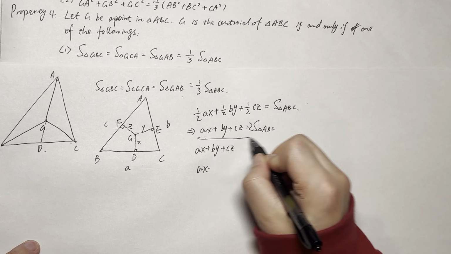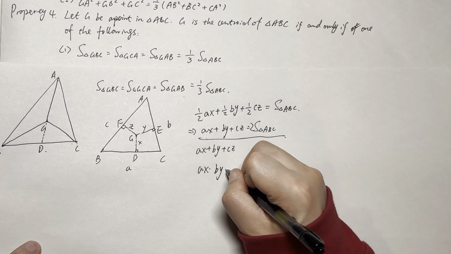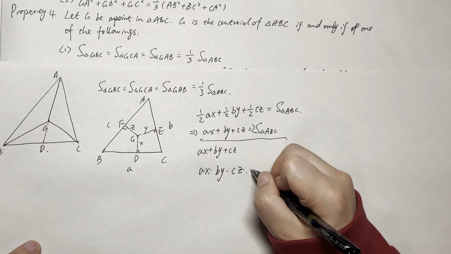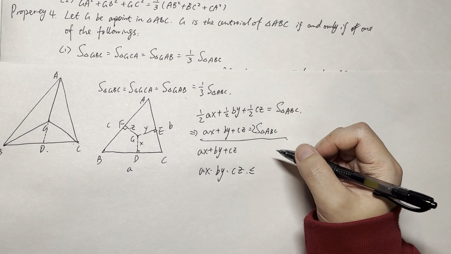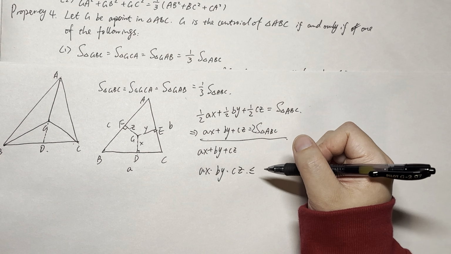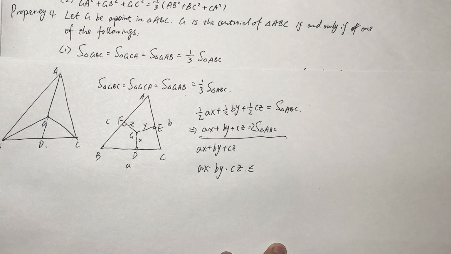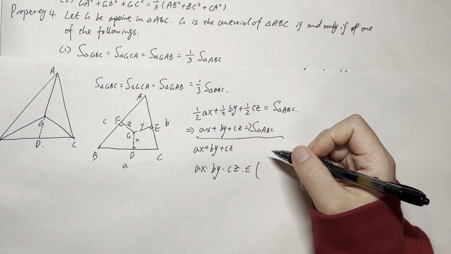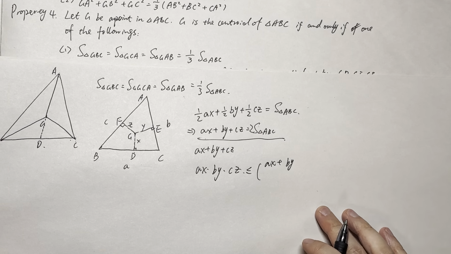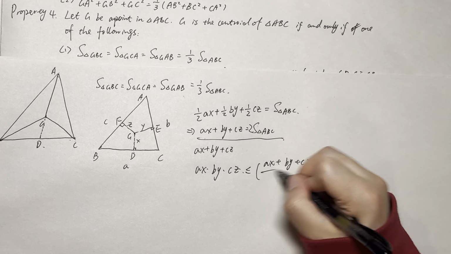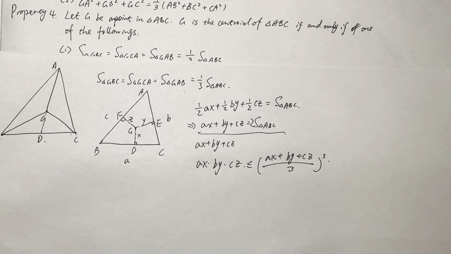So because this is a constant, ax times by times cz would be smaller or equal to (ax plus by plus cz) divided by 3, to the power 3, right?